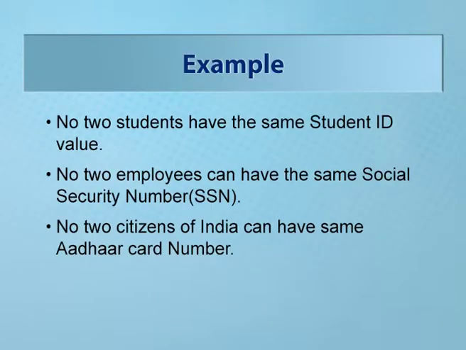While defining the database, or while defining the column in the table, you have to put that particular restriction into the table at the time of preparing that query. Another example is that no two citizens of India can have the same Aadhaar card number. So, this is another example that we can quote here. In this way we can give the integrity constraints in the tables.